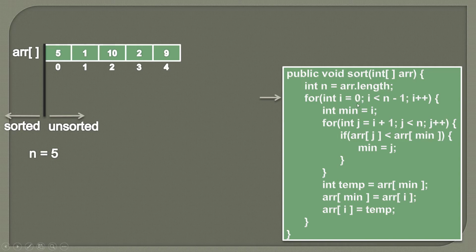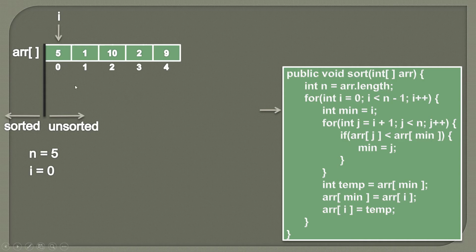Currently we'll start with i equal to 0, and 0 is less than 4. So the condition in the for loop will be true and the for loop will execute. Whatever value i is holding will simply be the indexes of this array. It can be symbolically represented like this.